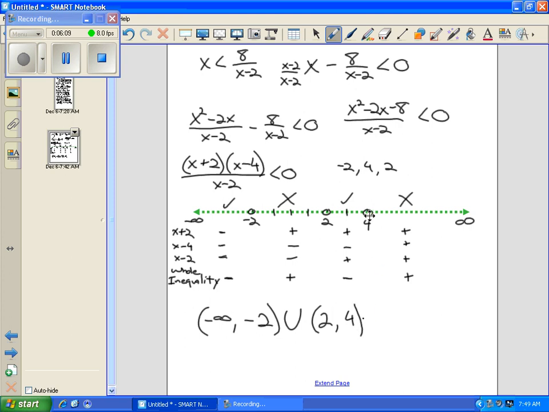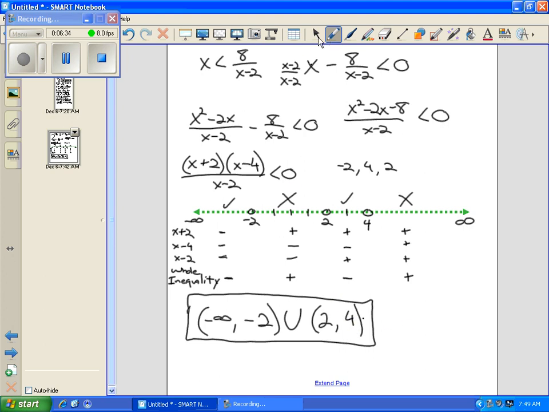Okay, we're not including our endpoints here because we have strictly less than. If we had a less than or equal to sign, we would want to make sure we check that these values do indeed work in there. So this is my answer. The values that satisfy that inequality are between negative infinity and negative 2, and then any of the values from 2 to 4 are going to work.